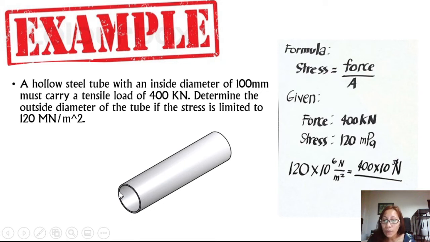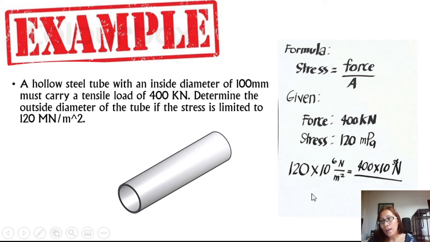Now we are going to find the area of the outside diameter. So we have the given: the force is 400 kilonewton, and the allowable stress is 120 megapascal. So our formula is stress equals force over area.